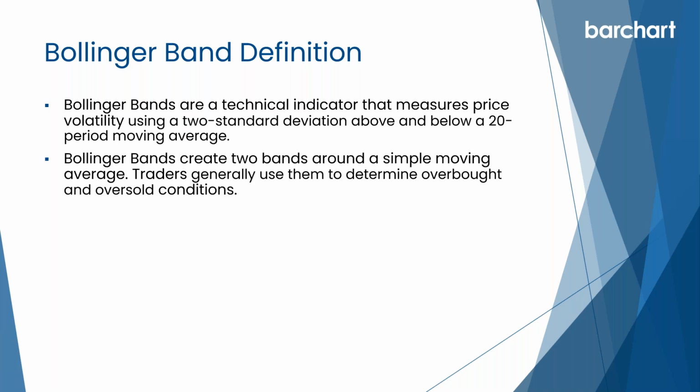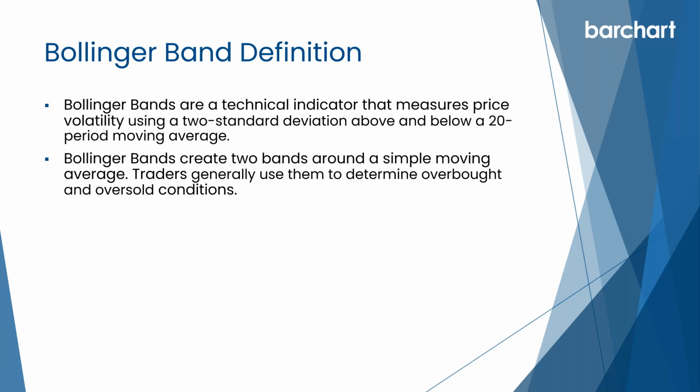Now, Bollinger Bands are created with 2 bands around a simple moving average, and traders generally use them to determine overbought and oversold conditions. Now, when price reaches the outer band, the price has reached an extreme. In theory, that tells us that 95% of the time, price will remain within 2 standard deviations.